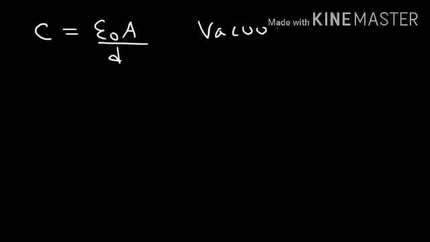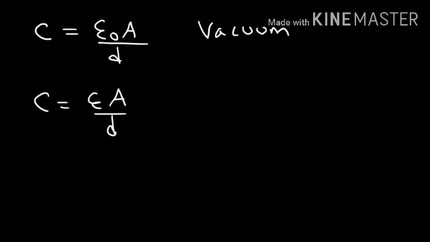Now, I do want to mention something. The equation that we had, that I drew on a board, that looked like this is the capacitance of a capacitor if a vacuum is used as a dielectric, if there's nothing in between the two metal plates. Now, the equation changes to this if you have a dielectric.